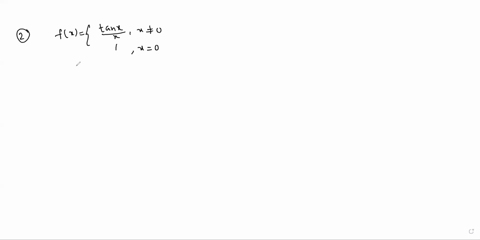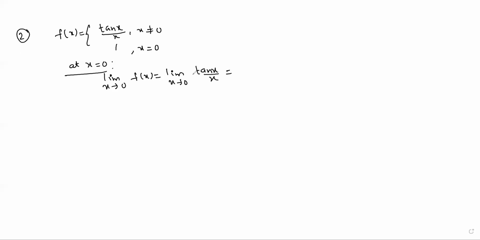Now in this, first we need to check for continuity at x equal to 0. Here less than or greater than is not there. That's why we'll take the basic definition of continuity. Limit x tends to 0, f of x value we will find out. What is the f of x value?